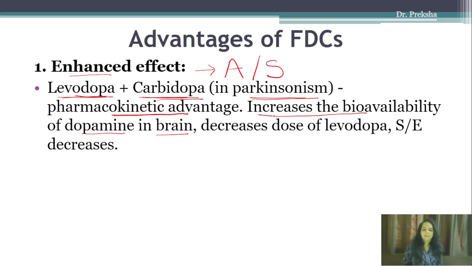Carbidopa increases the bioavailability of dopamine in the brain. Carbidopa also decreases the dose of levodopa, and it also decreases the side effects of levodopa which occur in the periphery, which are nausea, vomiting, orthostatic hypotension or cardiac arrhythmia. This type of side effect also decreases. So this has a pharmacokinetic advantage, and so this is a rational FDC.